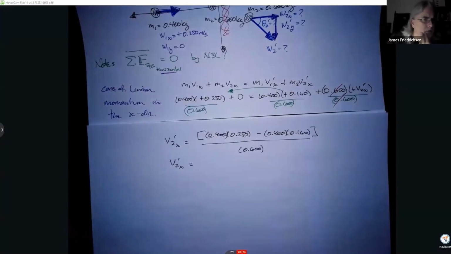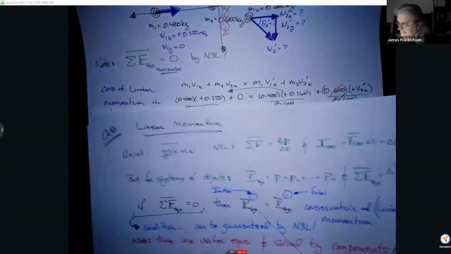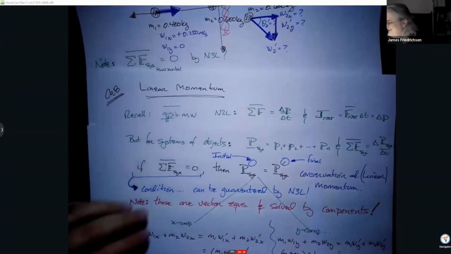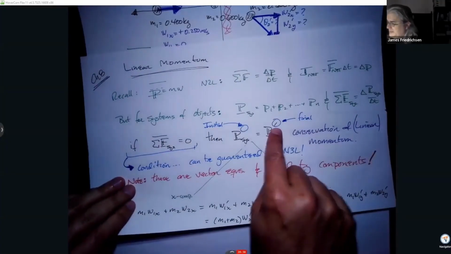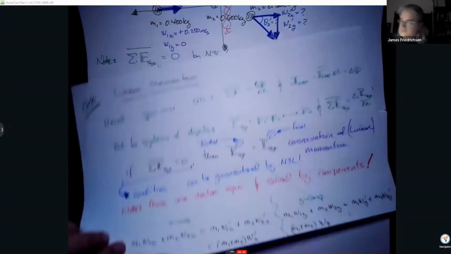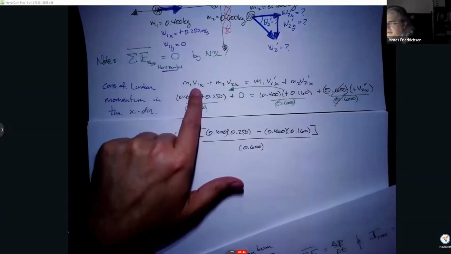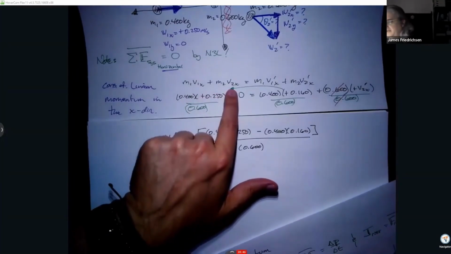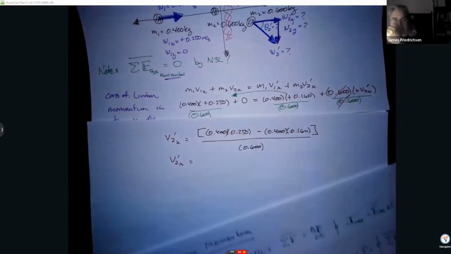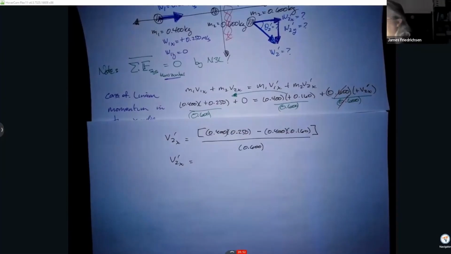I'm using primes to indicate before versus after. So the notation is not a derivative notation, because we wouldn't know derivatives yet. I use the primes to be final and no primes to be initial to remove subscripts, because otherwise we would have a 1x initial, a 2x initial, a 1x final, a 2x final, and then you end up with like 3 subscripts.